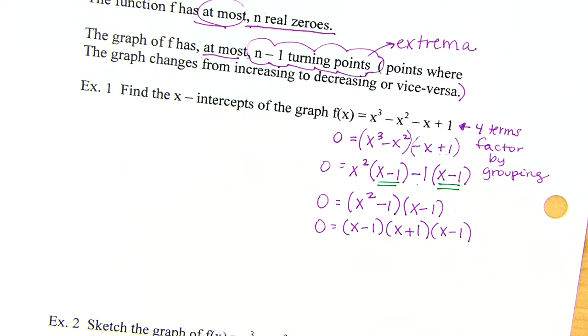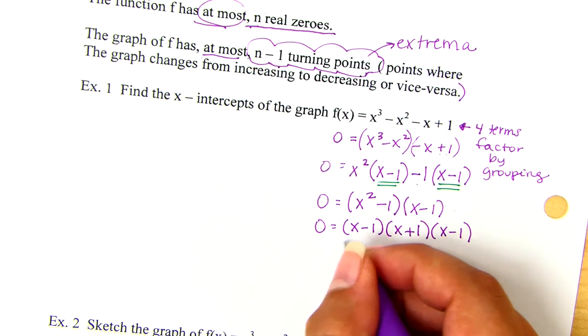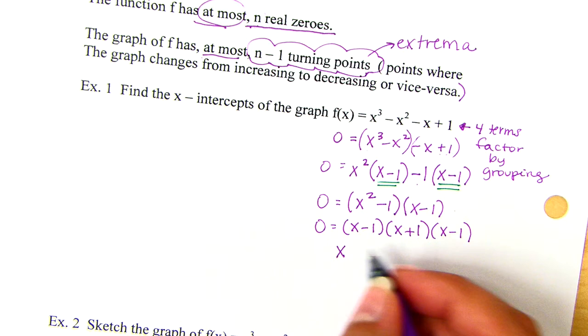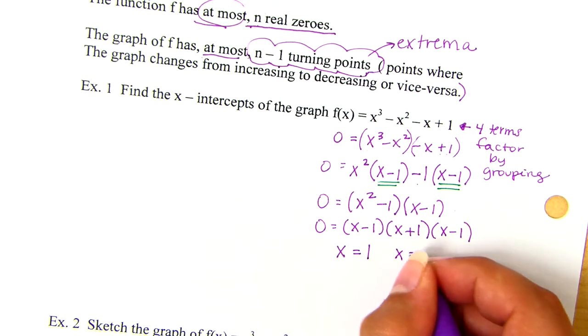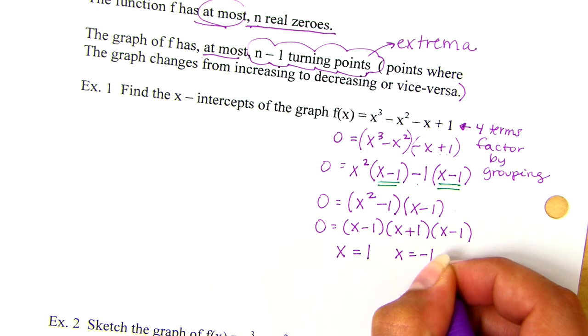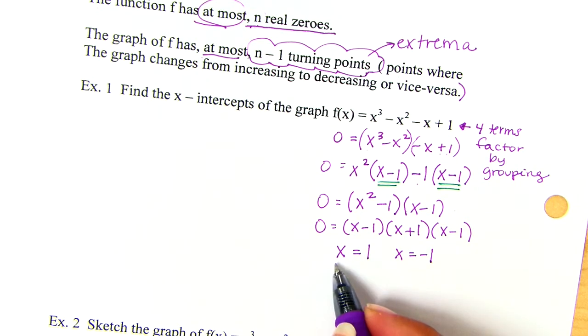So now your roots or your zeros or your x-intercepts. When you set your factors equal to 0, you're going to get 1 and negative 1.